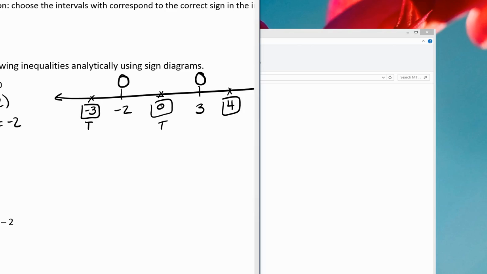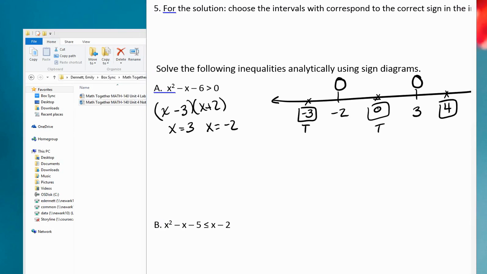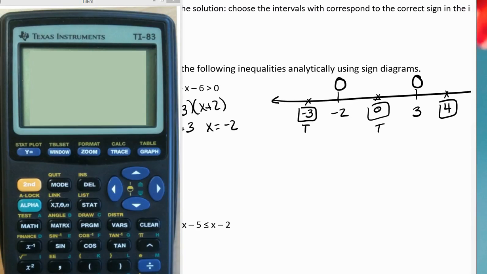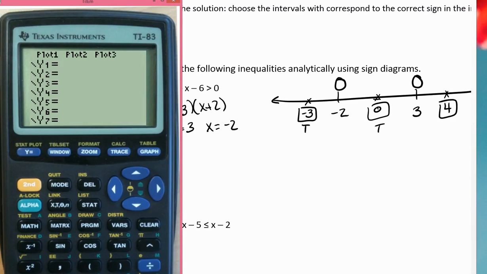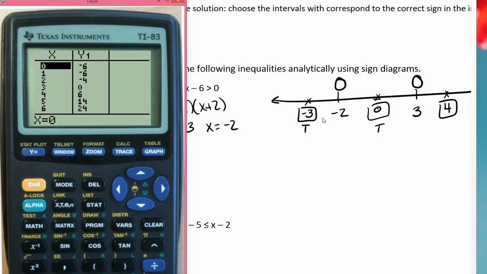I'm going to show you how we can use our calculator to do this. So I've turned my calculator on, and I'm going to put my inequality in my y1, so x squared minus x minus 6, and I'm going to go to my table, and I'm going to test these test values.